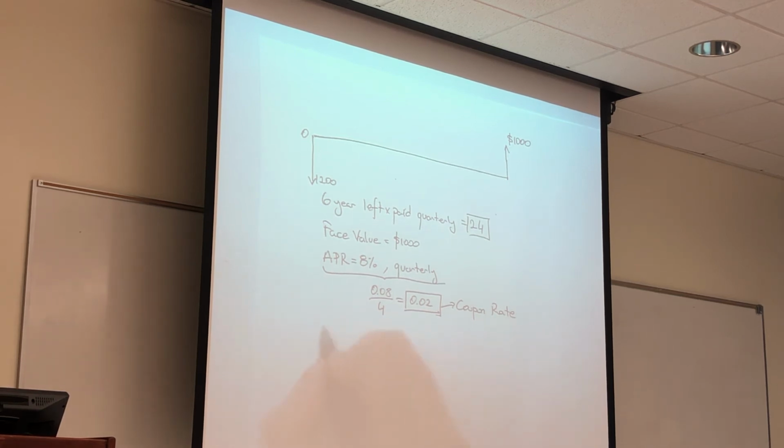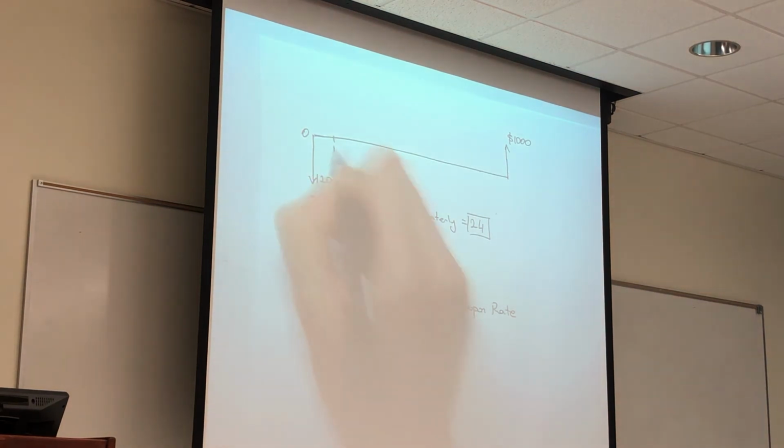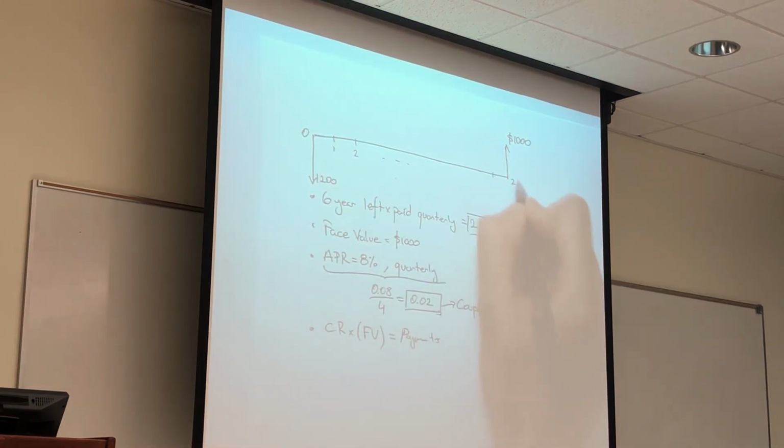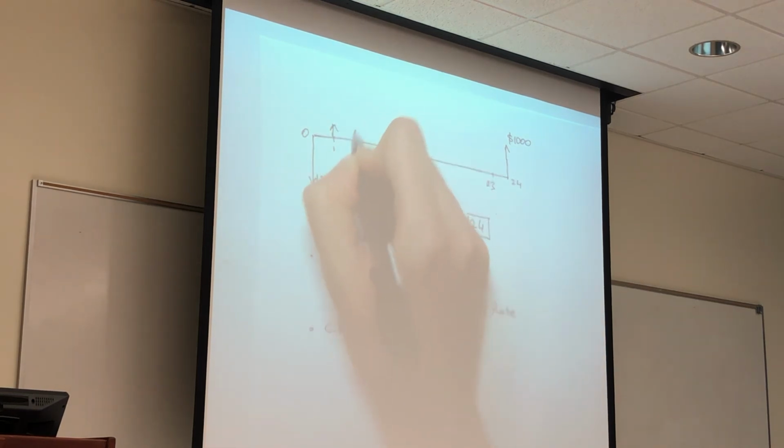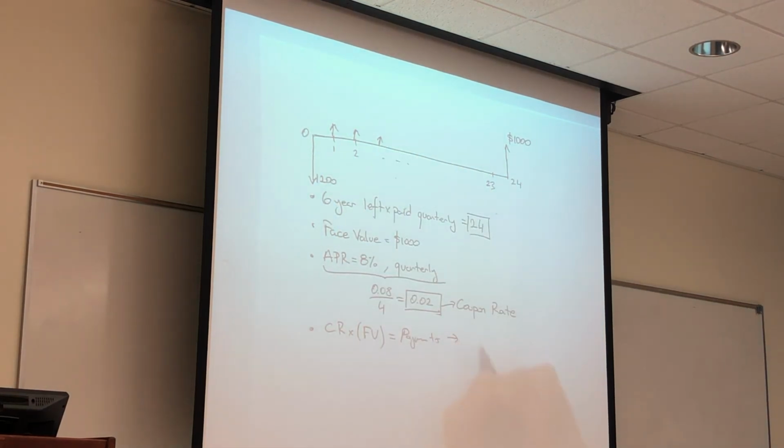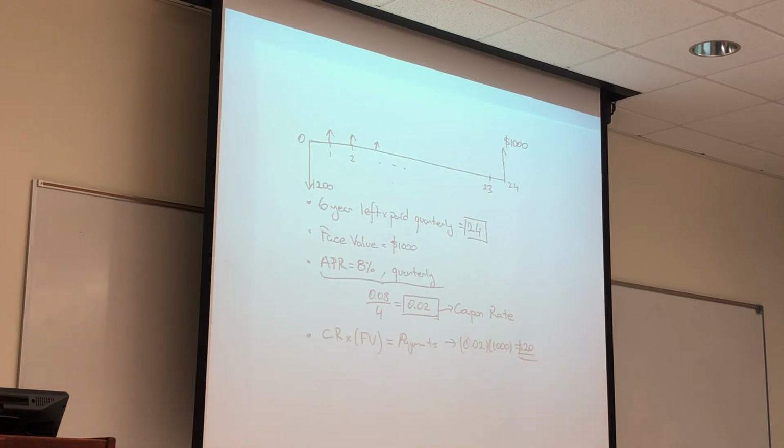So we're going to get paid on this rate. The payment will be equal to the coupon rate times the face value. We have 1, 2, up to 23, 24 payments. We're going to get the same payment every time, which will be equal to 0.02 times 1,000, which is $20.